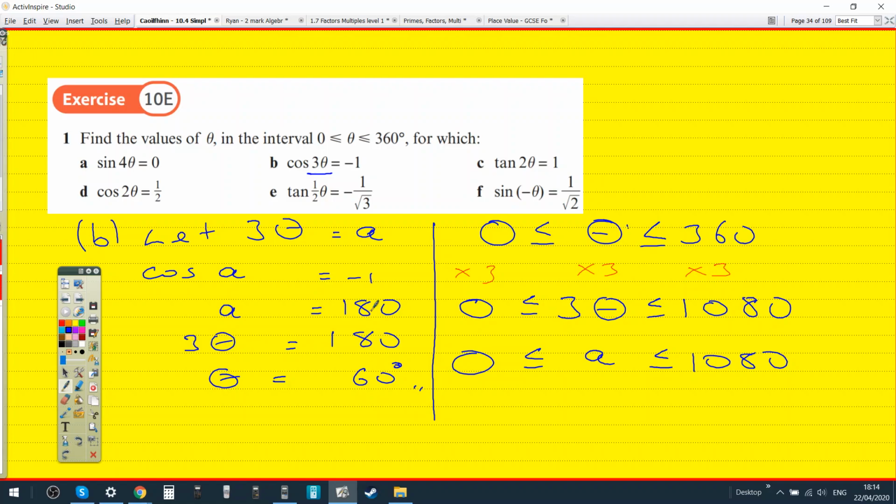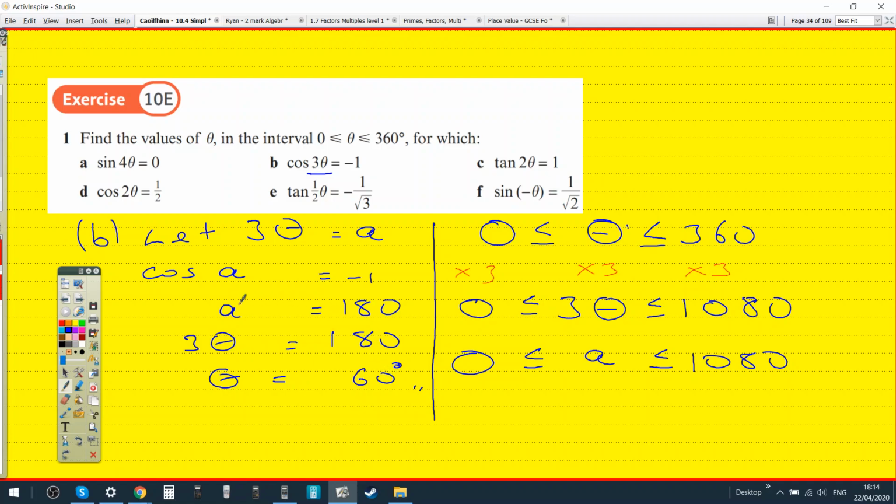Cos graph, how often does it repeat? Every 180. That's tan graph. 360. Bingo. And so how can we use that to get additional solutions? Add 360. Yep. To 180. Or 60? To the theta one would be wrong.